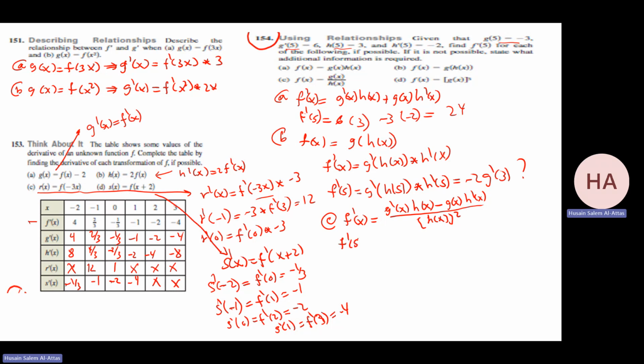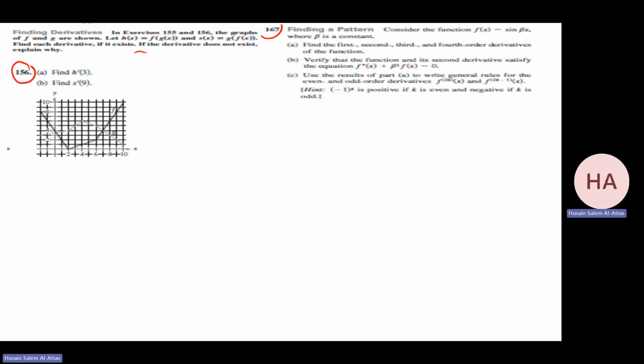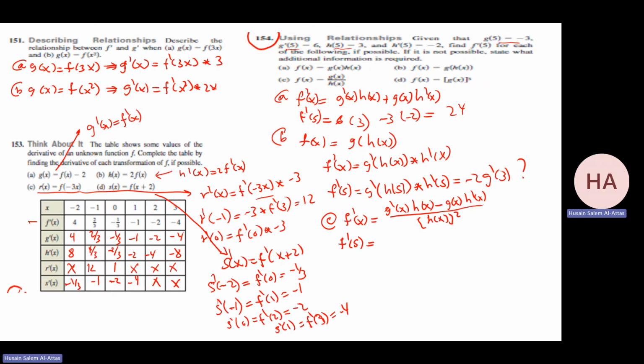F prime at 5 will be equal to what? g prime at 5, which is 6, times h at 5, which is 3, minus g at 5, which is -3, times -2, over h at 5, which is 3 squared. That will give me what? That will be 18 minus 6 over 9, which is 4 over 3.